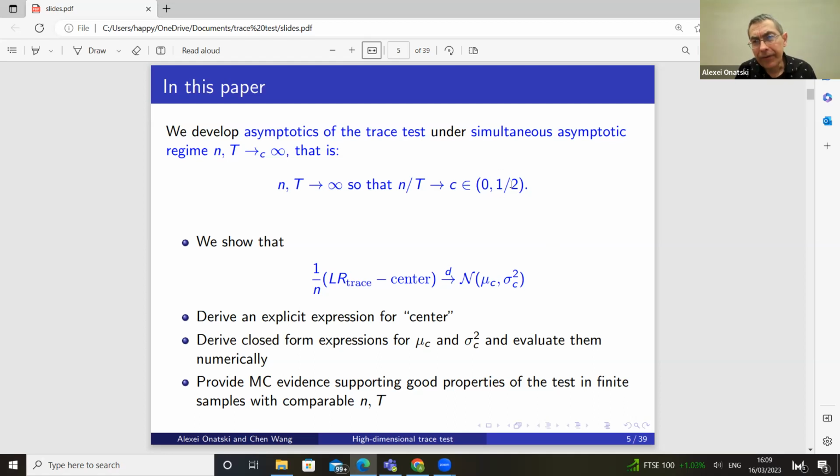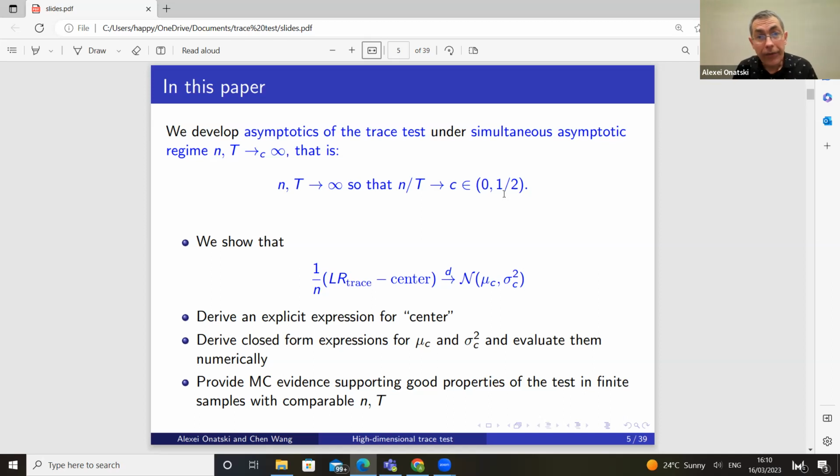The reason to have 1/2 is that if c is bigger than 1/2, then the likelihood ratio statistic will not be well defined, because some eigenvalues of that matrix that I showed you will be exactly equal to 1. And when you compute the logarithm of 1 minus 1, you get the logarithm of 0, which is not well defined, and everything will break down. So we only consider the case when this ratio converges to something between 0 and 1/2.